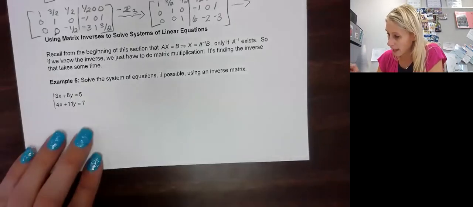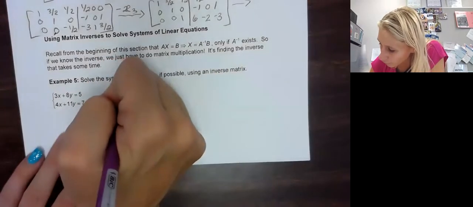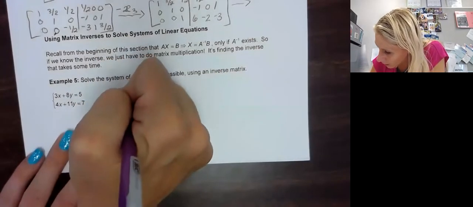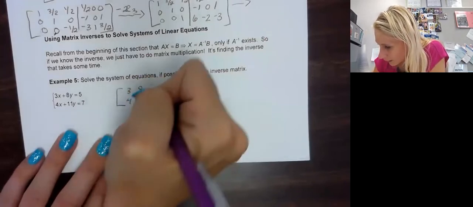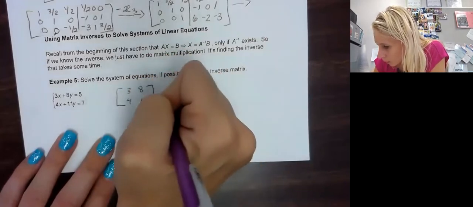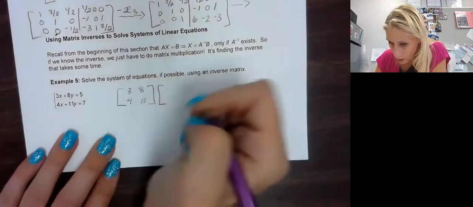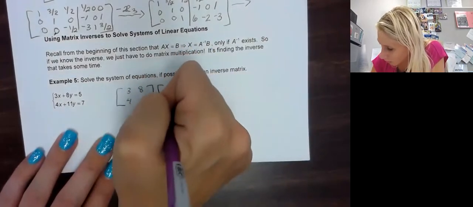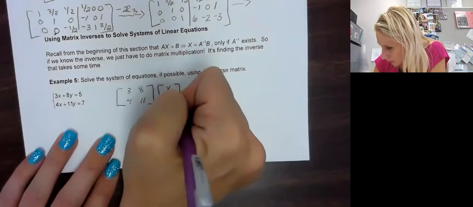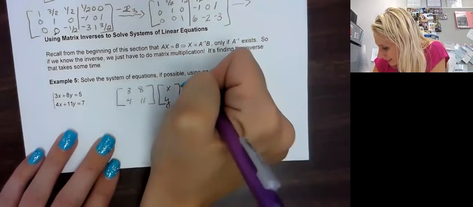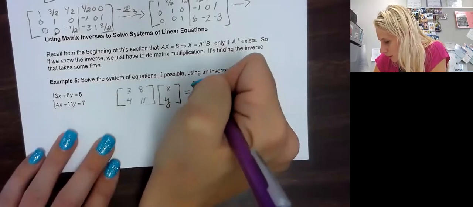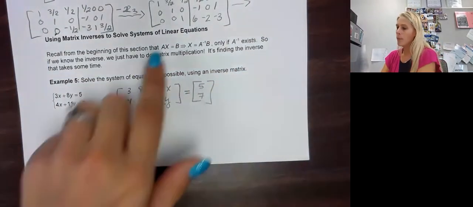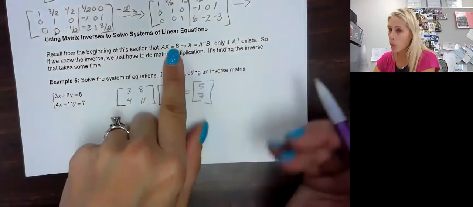For the fact that if we have our augmented, which is 3, 8, 4, 11, and we multiply it by our x, y, our variable, we need to get 5, 7, which is our solution. So keep this in mind. This is very important up here.